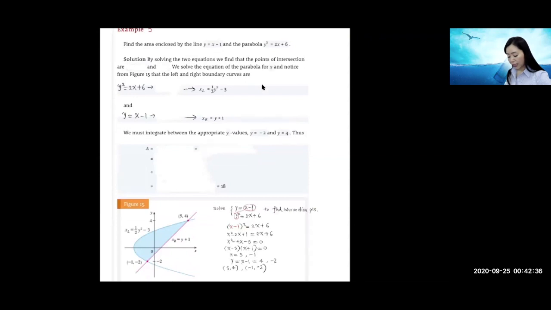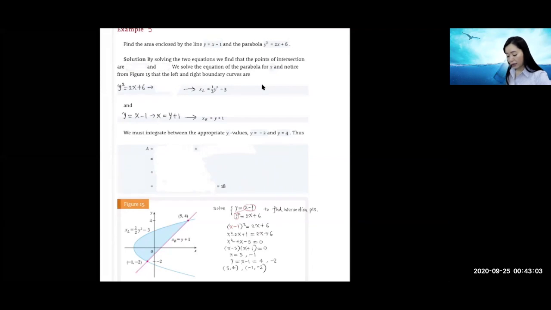On the right here, this is a straight line. We got y equal to x minus 1. So we can isolate the x over here. We got x equal to y plus 1. So the x coordinate on the right will be y plus 1.